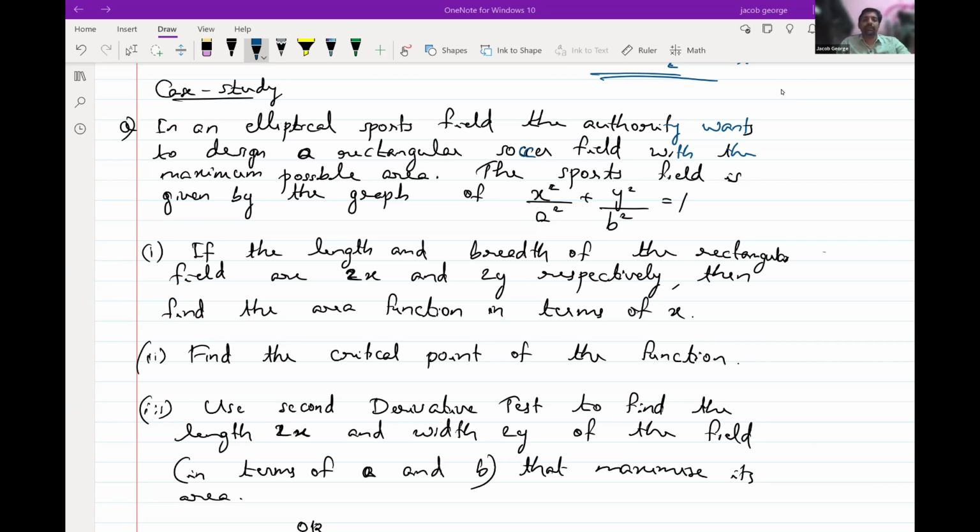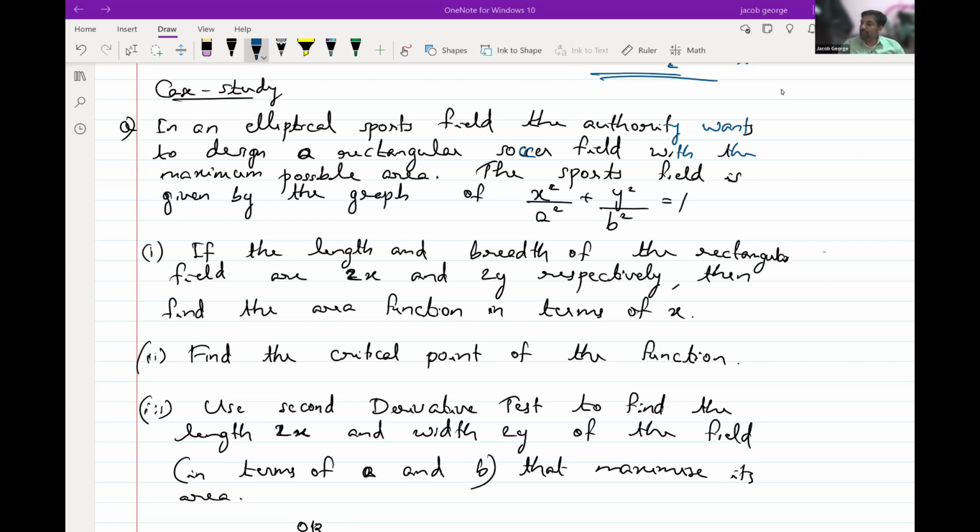Please copy this. x square by a square plus y square by b square is equal to 1.